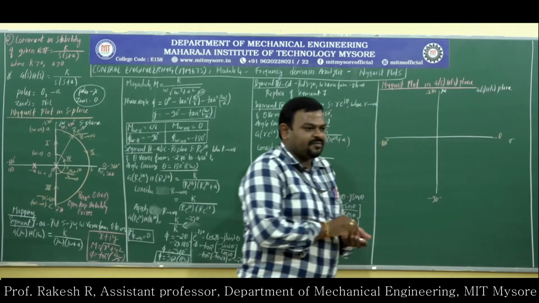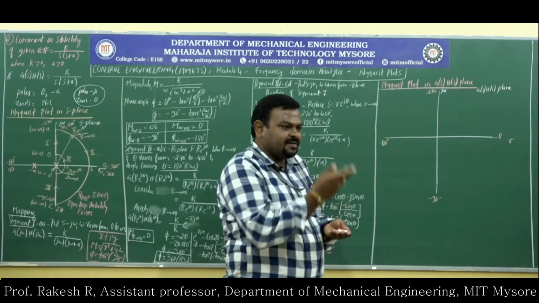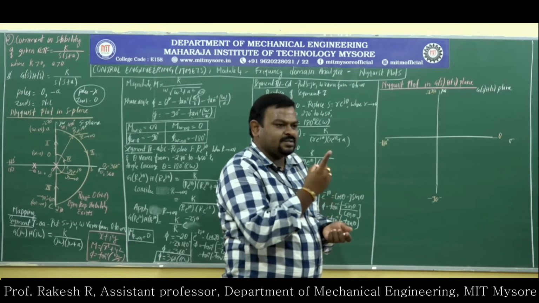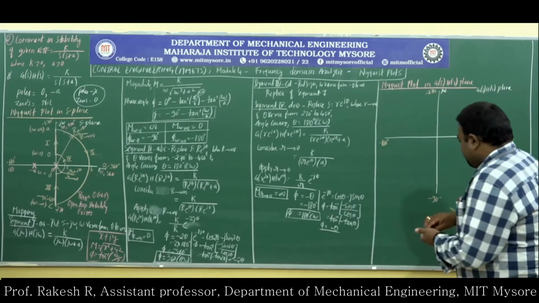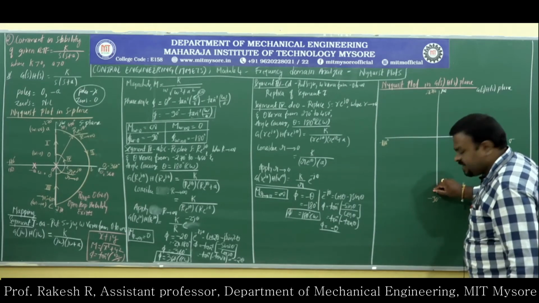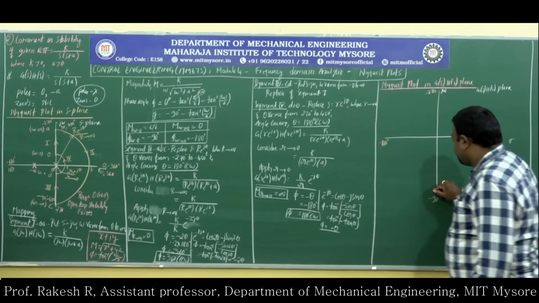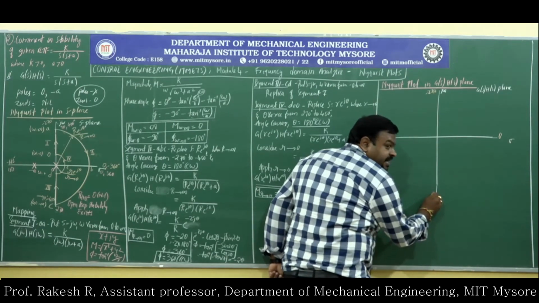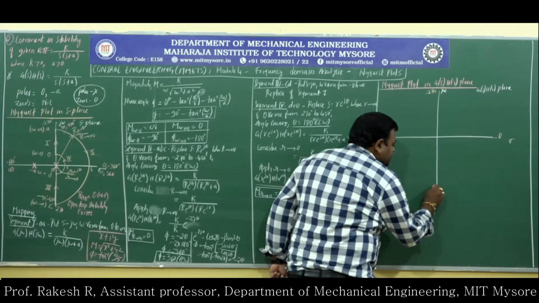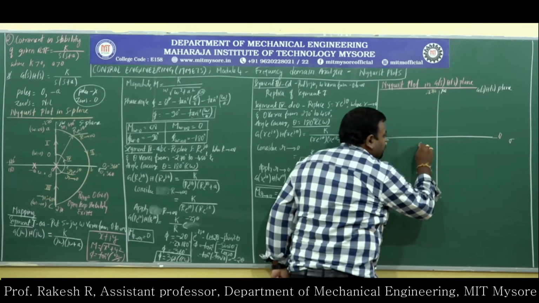So this is a positive angle what I have written. Since it is clockwise, I have to measure in negative. So this is segment 1. Segment 1 is starting at minus 90 degree. From infinity it is parallel to the y-axis, then it will come to 0.